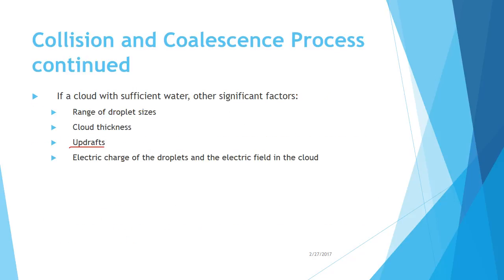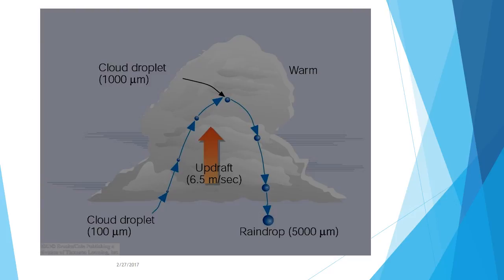If we have a thicker cloud, there's more time for the water droplet to fall, and a chance for more collisions, and then the rain droplet can get bigger. Now the other effect is this updraft idea, and here's an updraft. If the cloud droplet forms down here, the updraft can carry it up higher and give it a chance for more collisions with cloud droplets, and it should grow.